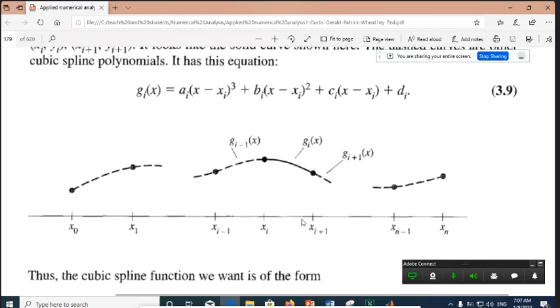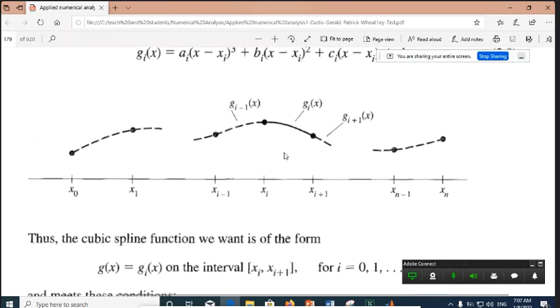Between, for example, point x_i and x_(i+1), we have this g_i(x) and this curve. After that, we have another spline curve, g_(i+1), and before that we have g_(i-1)(x). We use a set of cubic splines to interpolate the function.